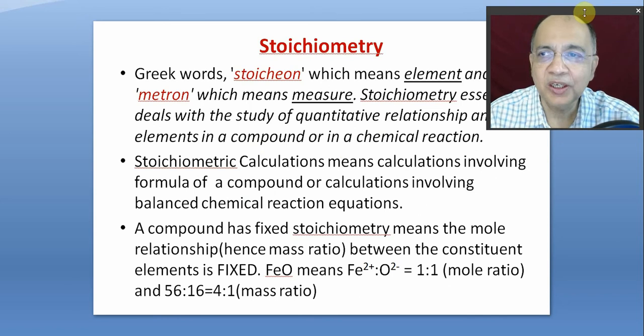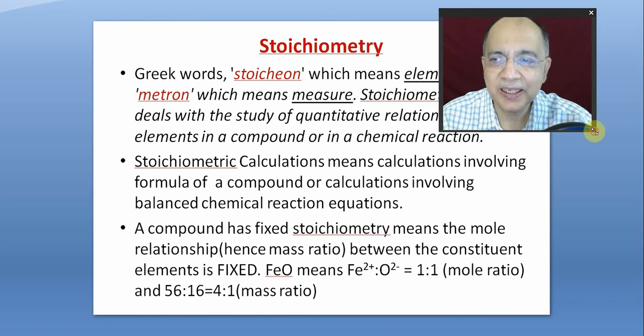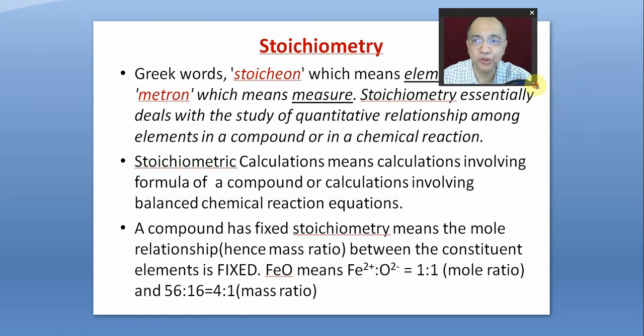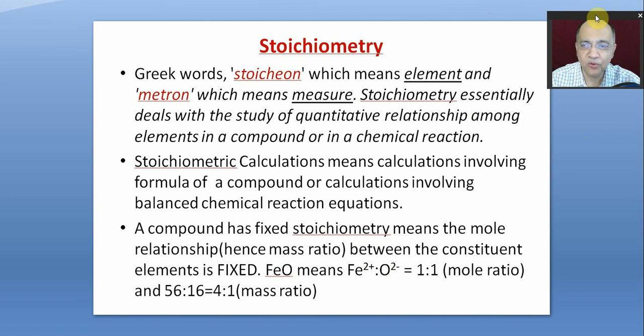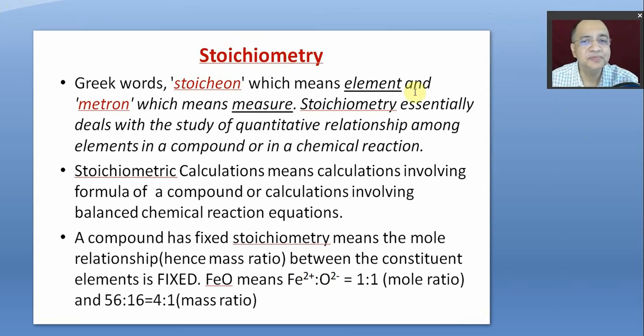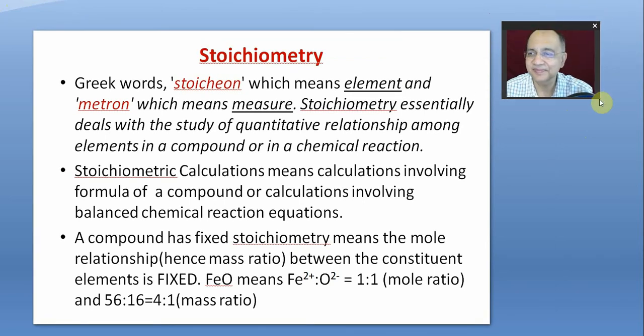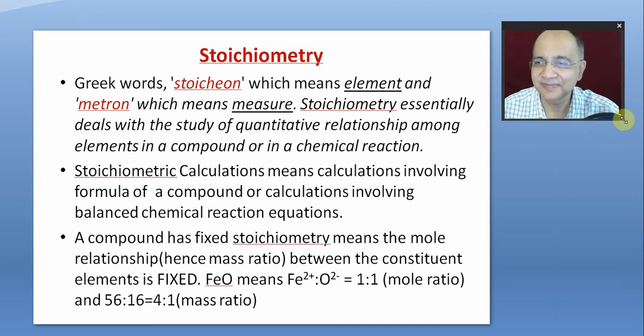What is stoichiometry? What is the meaning of stoichiometry? Stoichiometry has come from two Greek words, stoichion, which means element, and metron, which means measure.